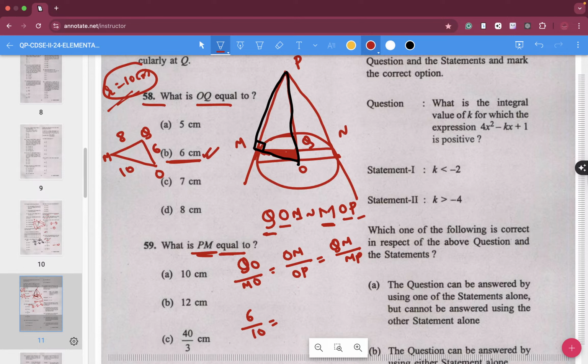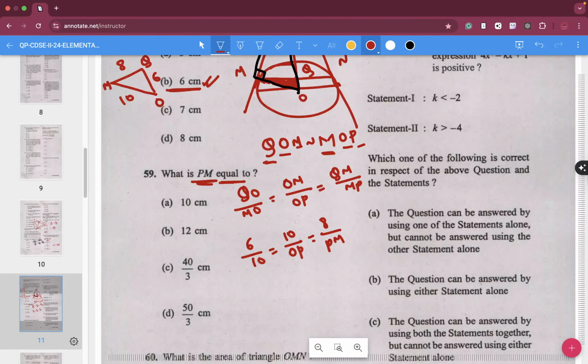MO value is 10, and OM, MO are both the same. OP value we don't know. They asked PM. QM value is 8, and PM value is what we have to find out.